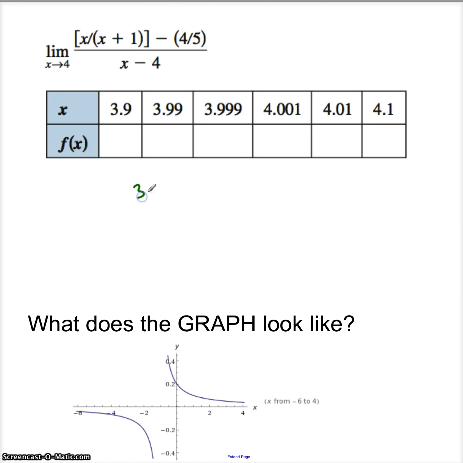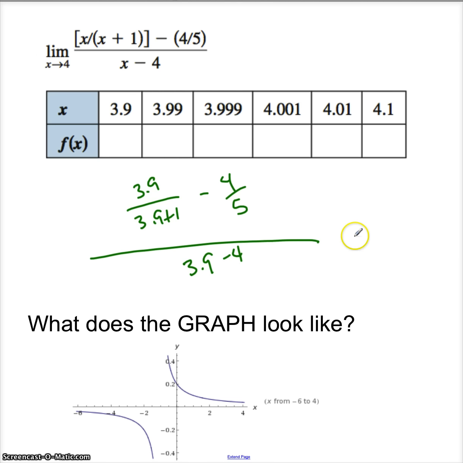So this would be 3.9 divided by 3.9 plus 1 minus 4/5 divided by 3.9 minus 4, and that gives you a number that is equal to, let's see, 0.0408163.